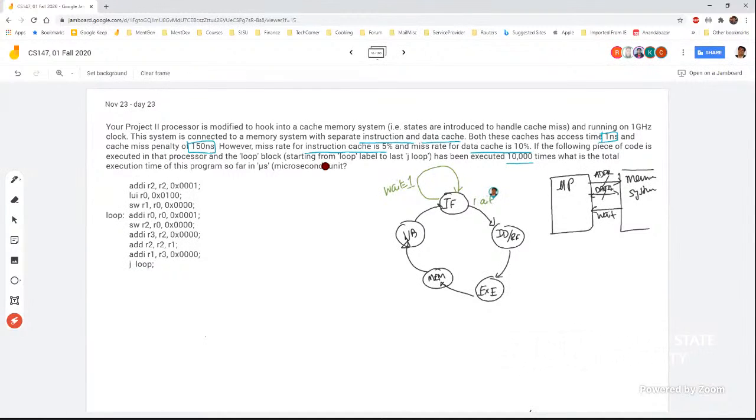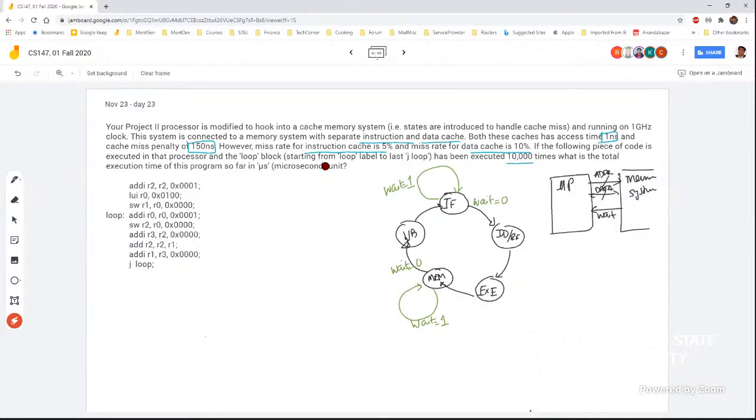If wait equals 0, then it goes from instruction fetch to instruction decode. Similarly for the MEM stage, till wait is 1, it stays in the memory stage, and only if it turns to 0, then it goes into the write back phase.